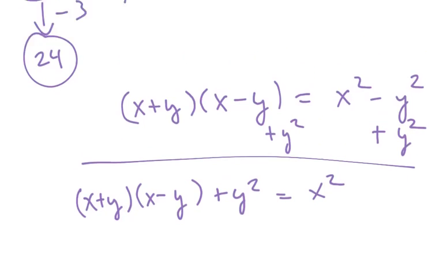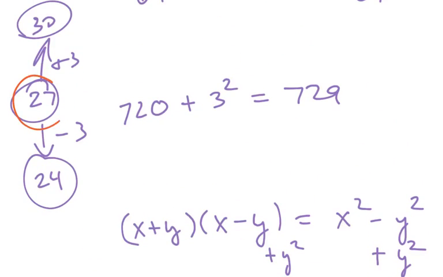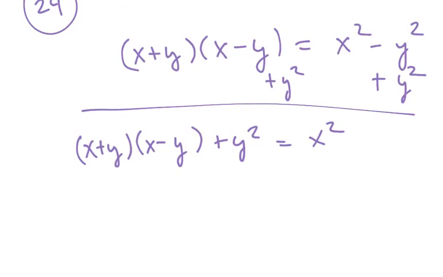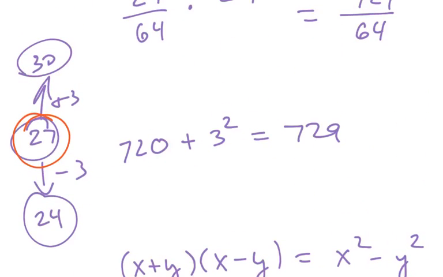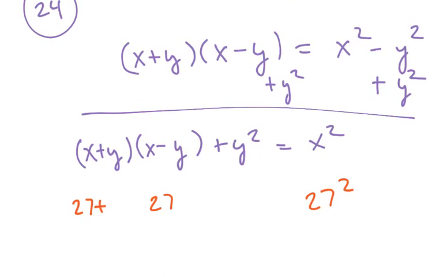And what I did was I said, if I'm squaring 27, then all my x's are 27. The plus 3 and the minus 3 can be inserted here and here. And that's why it works.